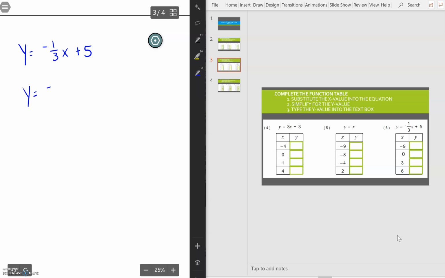So we have y equals negative 1/3 times negative 9 plus 5. Multiplying by 1/3 is the same as dividing by 3. So what's 9 divided by 3? 3. And it's a negative times a negative, which equals a positive, sorry. So that'd be a positive 3 plus 5, and y would equal 8.